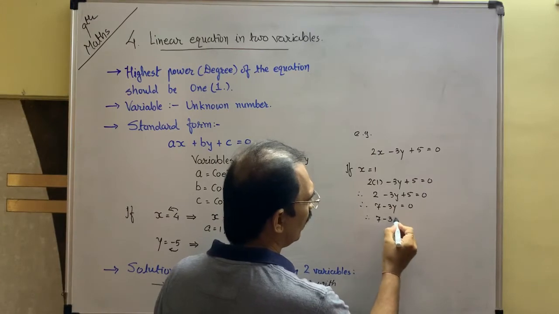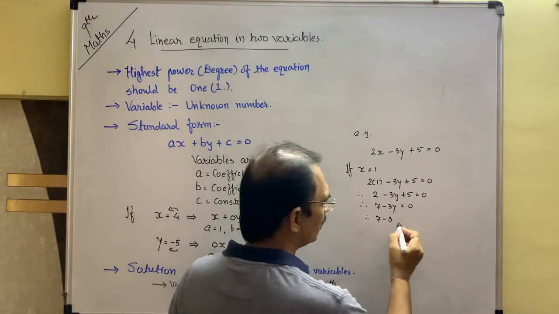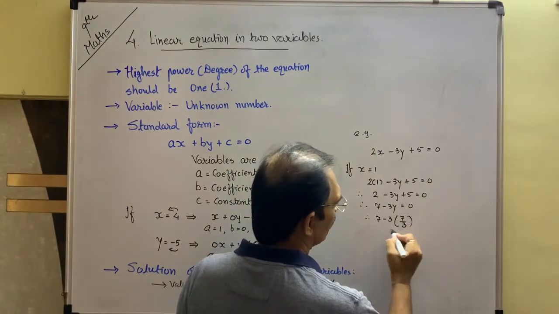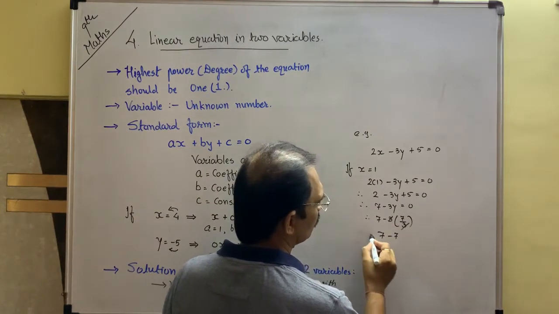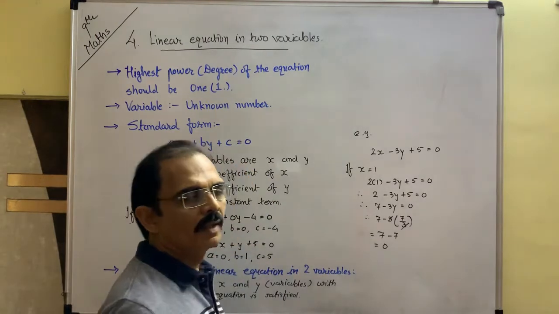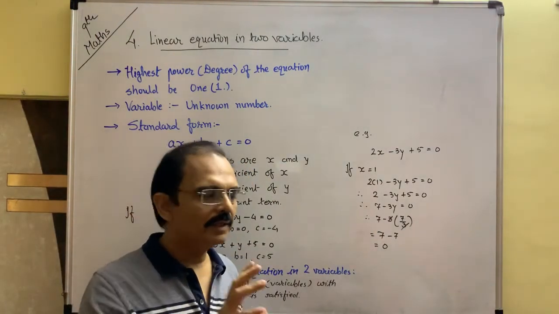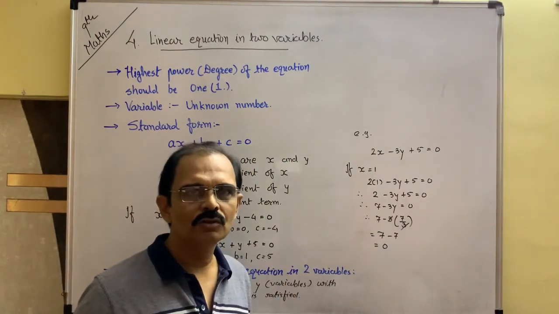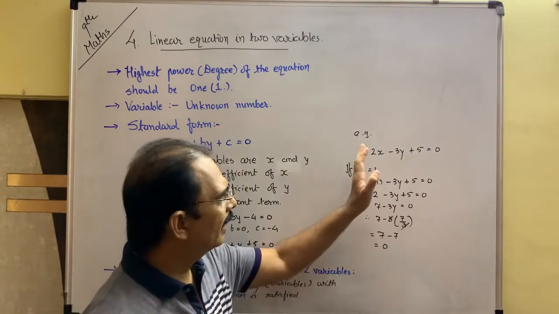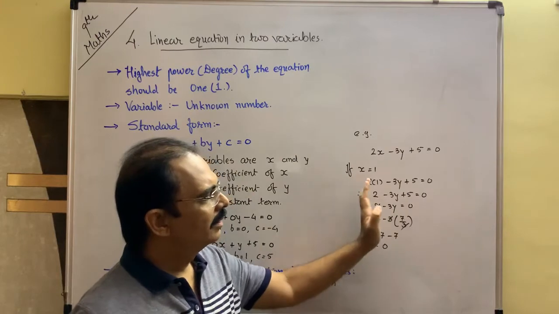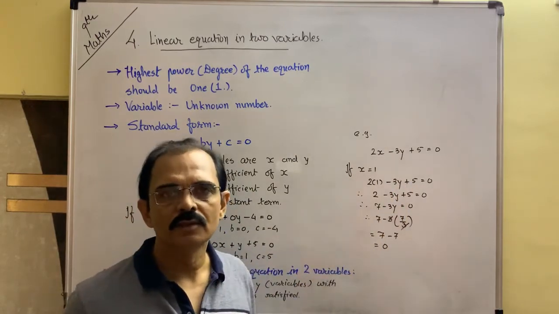If you place y equals 7 upon 3, the 3s cancel, 7 minus 7 equals 0. This is a random example, so don't worry about it. You can take any values of x and y so that this equation will be 0.